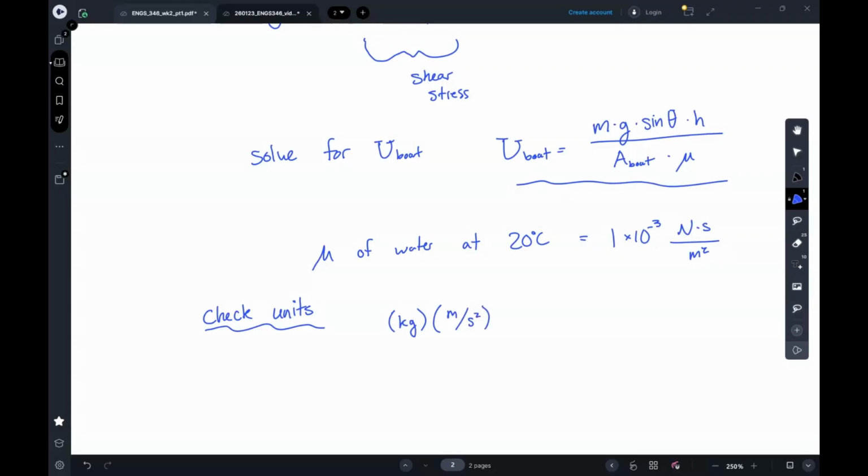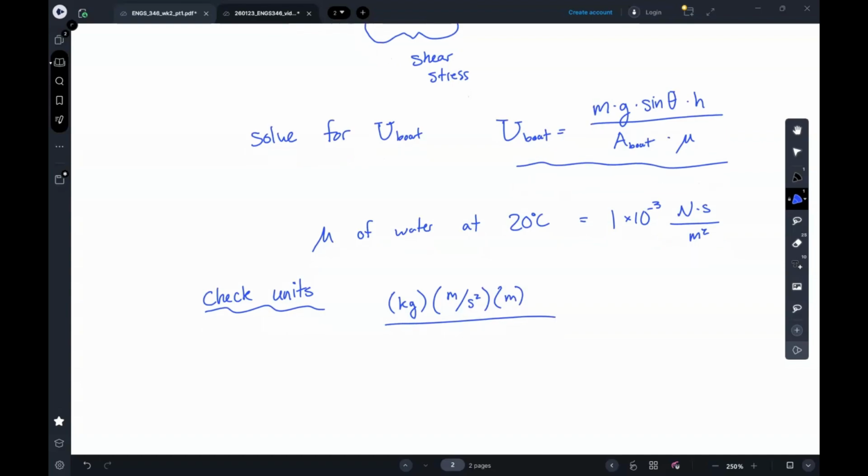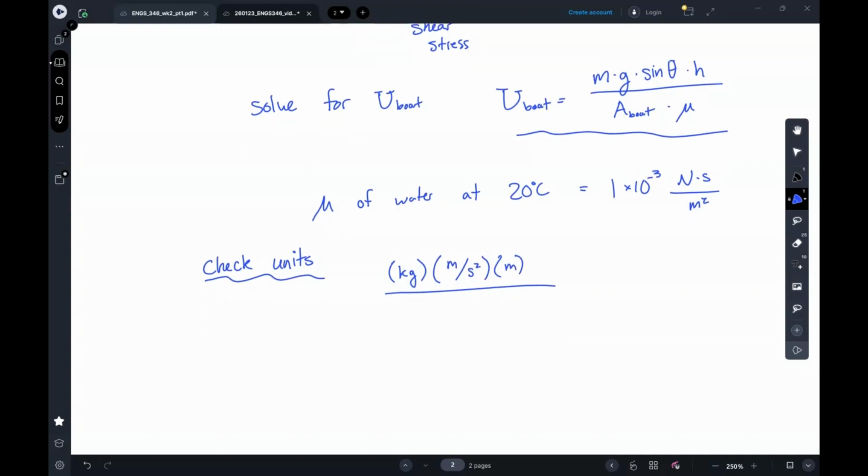We have sine theta, which is sine of an angle, which doesn't have units. And we have height, which is meters. Then on the bottom, we have the area of the boat, which let's say is meters squared. And we have this viscosity, which is newtons times seconds per meter squared. And we got this kind of weird soup of units. So let's make sure we're actually doing the right thing here.